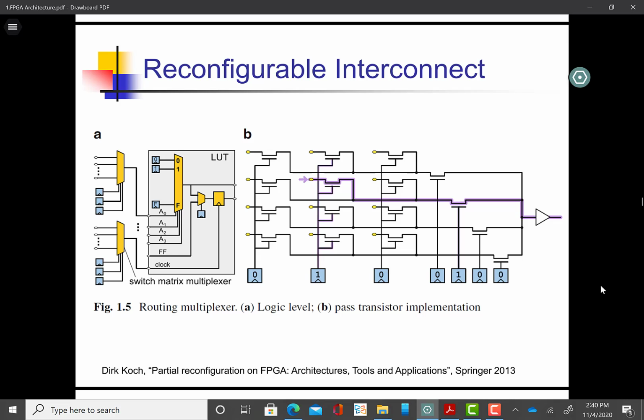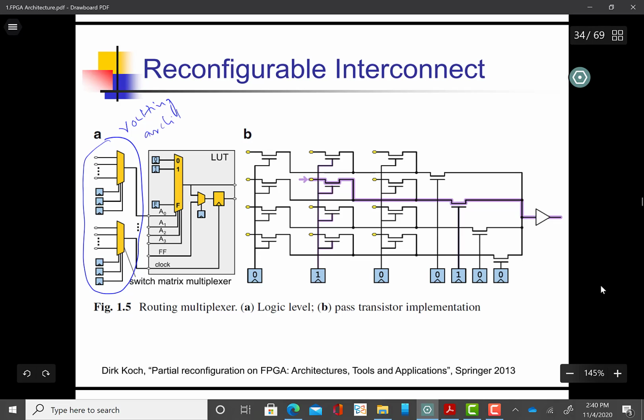Here is another picture that shows how the switch matrix is connected to our CLB. So you can say here is our part of the routing architecture. This we talked about when we were discussing the structure of the lookup table, but this part is our routing part.